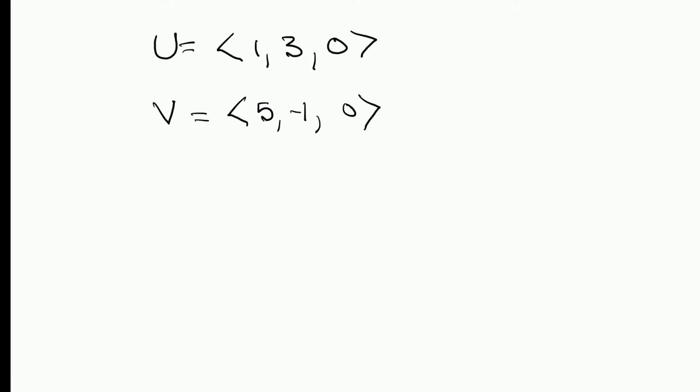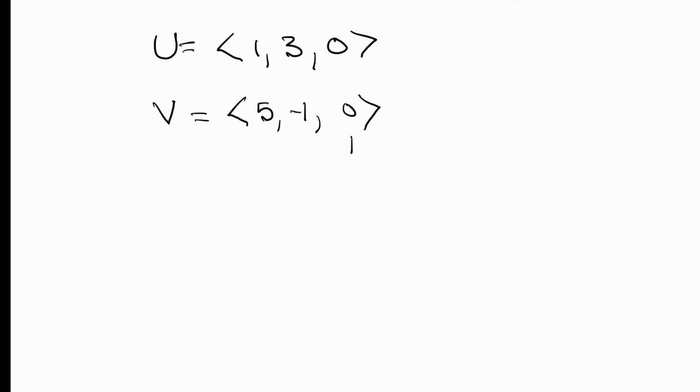So both of these vectors exist in the xy plane. They're on the floor or on the table. The cross product will be pointing either up or down, but we can compute that cross product. So let's compute the cross product of these two.